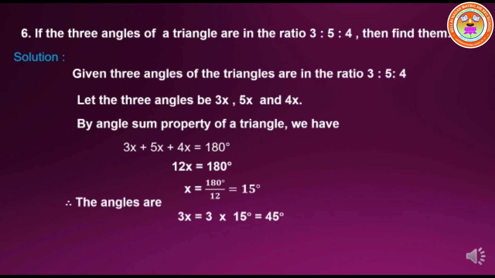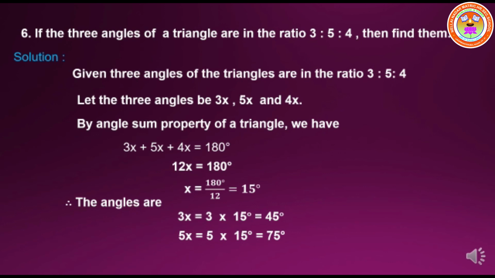Now, the angles are as follows. First, we have taken the angle as 3x. So, we substitute the value of x, that is 15 degrees. So, 3 into 15 degrees. On multiplying 3 and 15, we get 45 degrees. Next, 5x. In the place of x, we substitute 15.